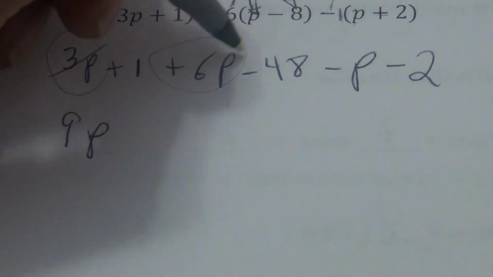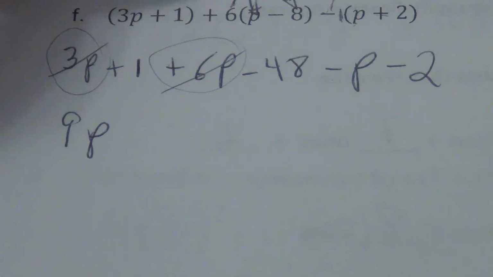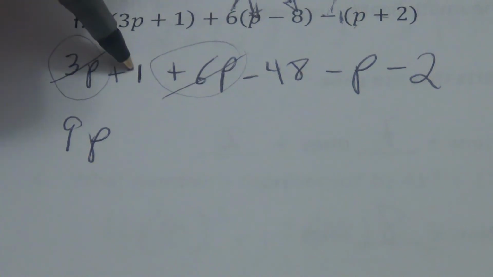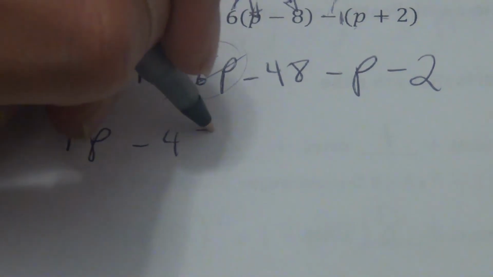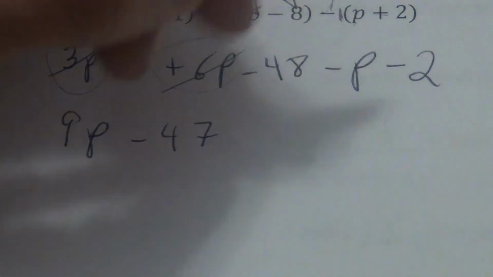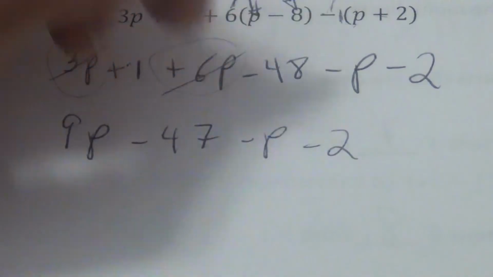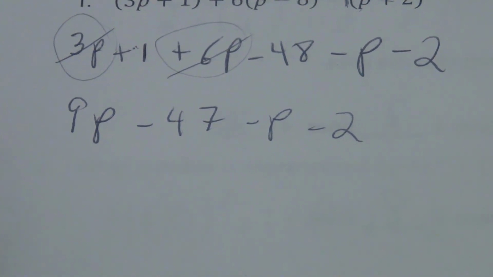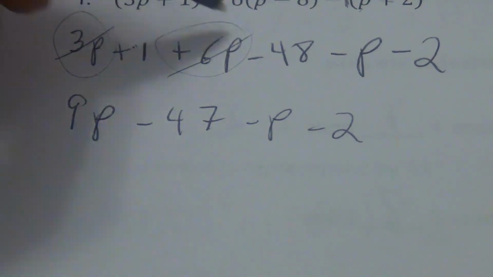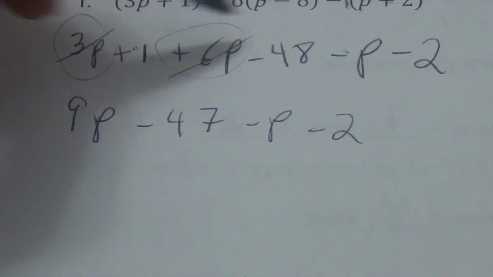Just in case, because I don't want to recount them again: positive 1, right? 1 minus 48 is negative 47 minus p minus 2. Guess what? I'm not going to say I made a mistake because I'm the master here. But really, I still have like terms with the p. I forgot about this.